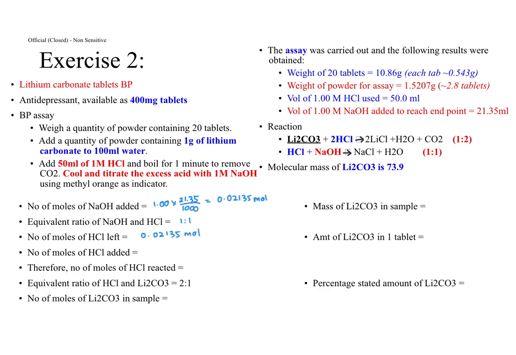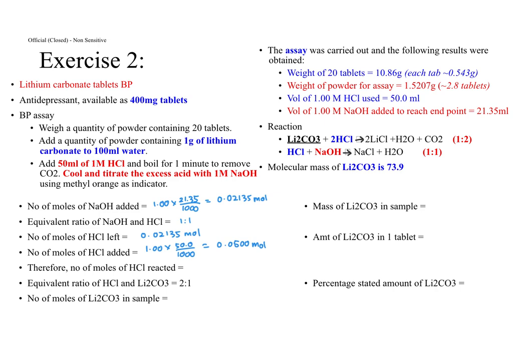So that's 0.02135 moles. The number of moles of HCl added to the lithium carbonate sample can be determined by taking the concentration of HCl times 50 ml, but convert the mLs into liters. So 1.00 times 50 divided by 1000, and we get 0.05 moles.